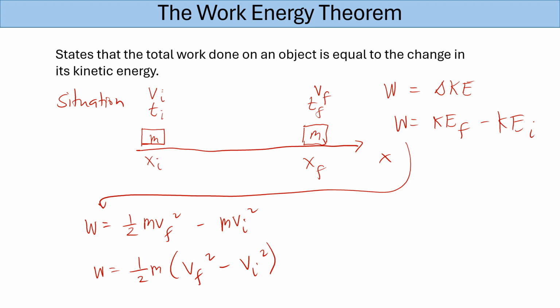So we can just calculate the work done here. We don't need the displacement. We don't need the force. We just need its value for the velocities, as we can see from the formula here.